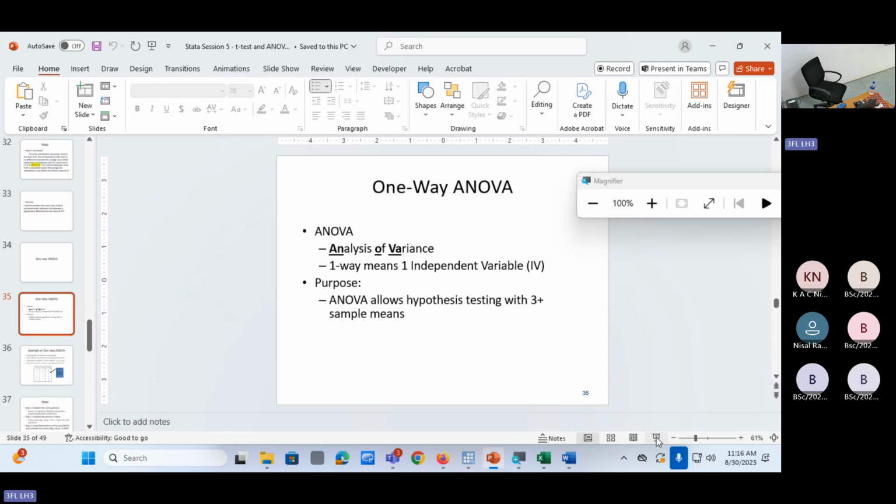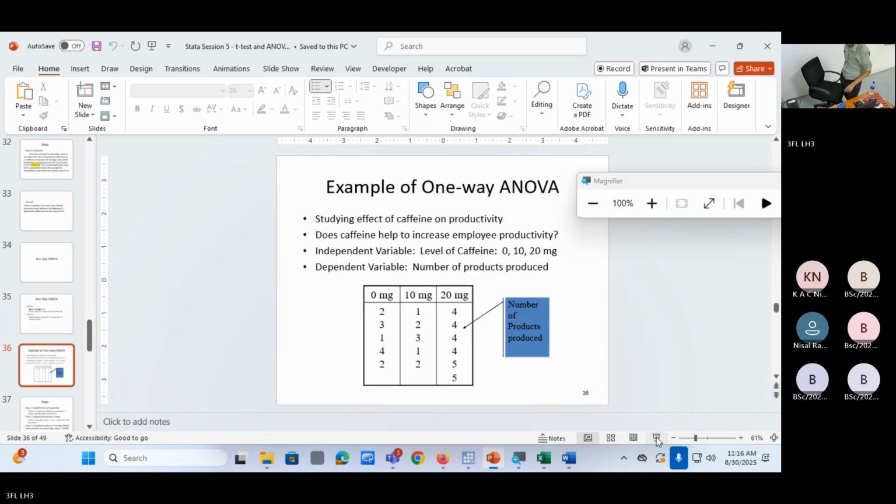Let's see how to perform one-way ANOVA. Let's see how caffeine impacts productivity. Does caffeine impact productivity?